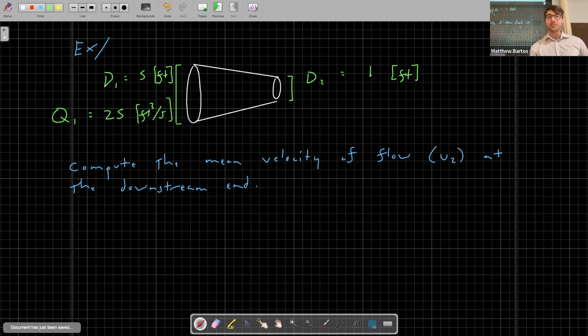So remember that we have a pressurized pipe, or a pressurized nozzle in this case. The nozzle is completely full of water, so the flow in has to equal the flow out. So we have that the discharge at the downstream end is also equal to 25 cubic feet per second.